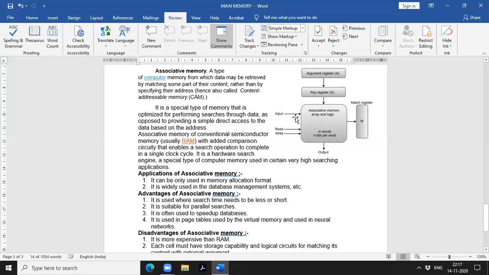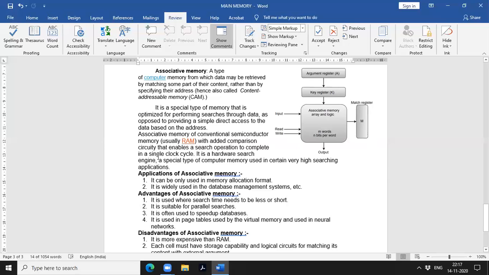Here we have the various types of inputs, containing the number of array logics with grid lines, several inputs and several outputs. A number of data items can be stored in this associative memory, which helps to read and write data. Here is the match register. This match register helps to search the data in the corresponding horizontal and vertical key registers.